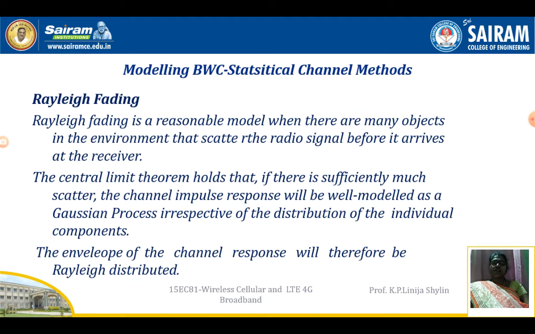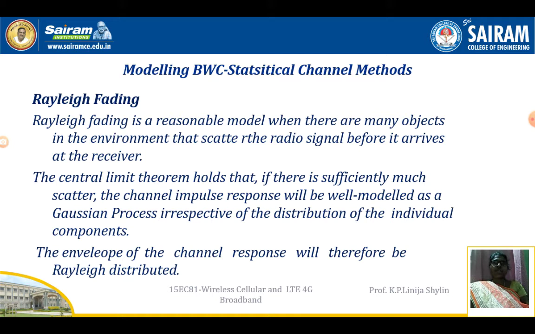In Rayleigh fading, there are many objects in the environment which scatter our radio signal before it arrives at the receiver. Here we use the central limit theorem, in such a way that the channel impulse response is well modeled as a Gaussian process over the distribution of individual components.